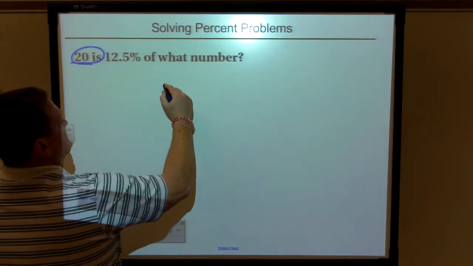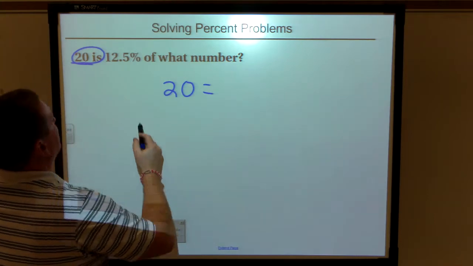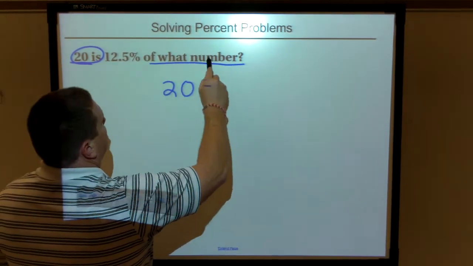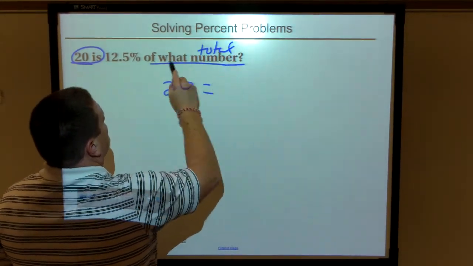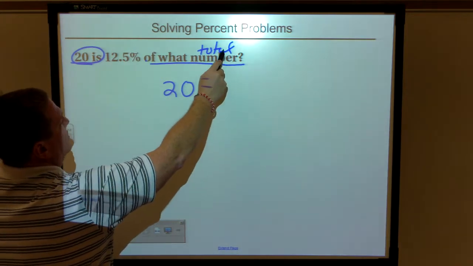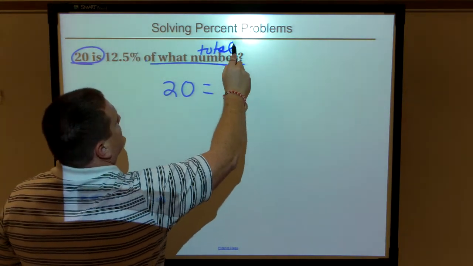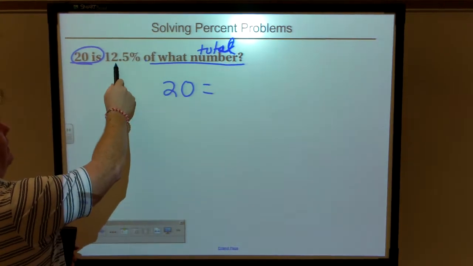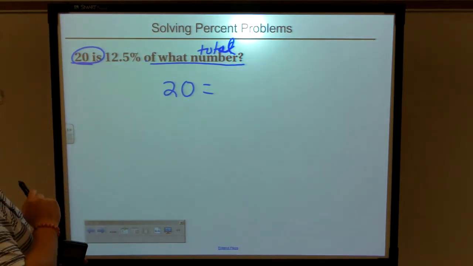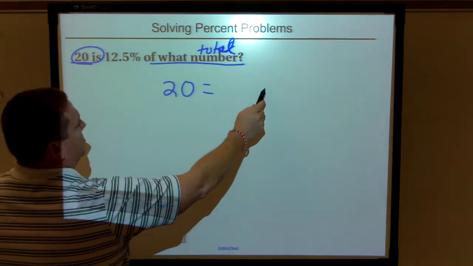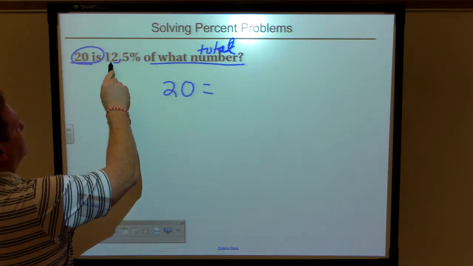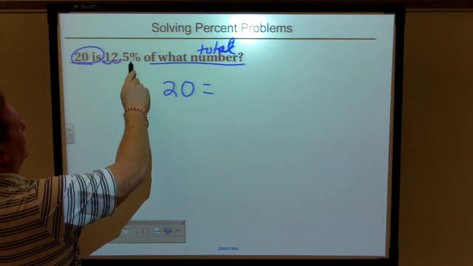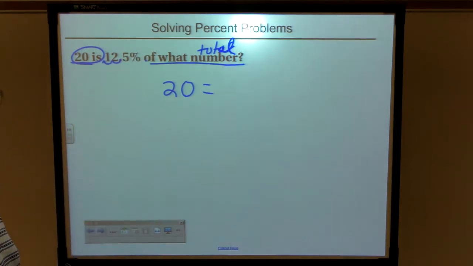20 equals, that's our part, 12.5% of what number, that's the total. Of means the total. But I have to change this percent to a decimal, so I know it's percent times the total, but this decimal needs to be moved over 2 places to make it a decimal equivalency of a percent.